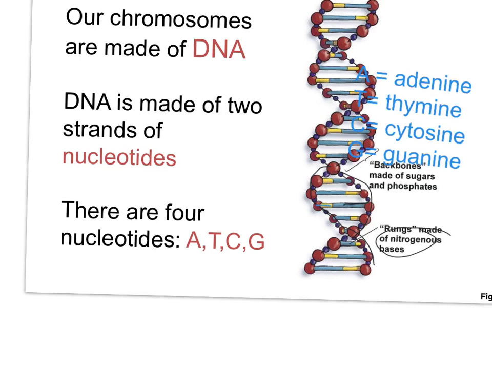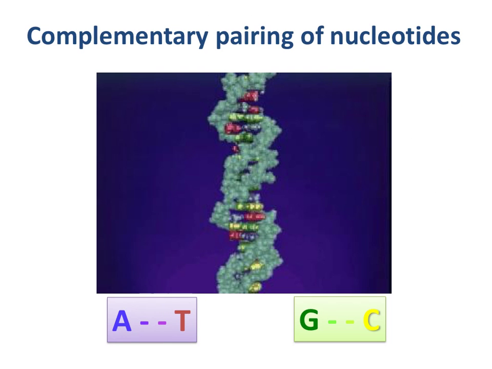GGAT. Yeah, GGAT. Okay, so you should be able to do that. You always know that a T goes with an A, C goes with a G. Okay, so here's a complementary pairing of nucleotides with the sugars and phosphates, the whole bit.